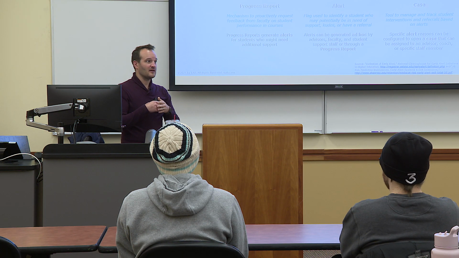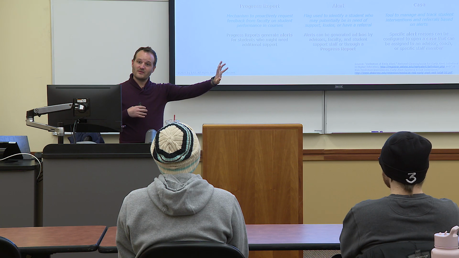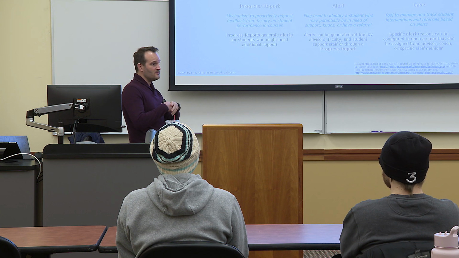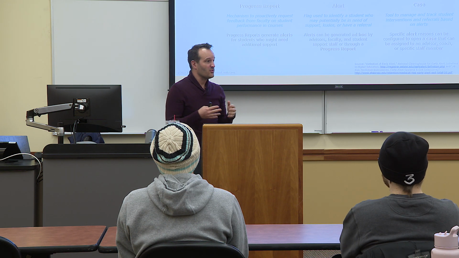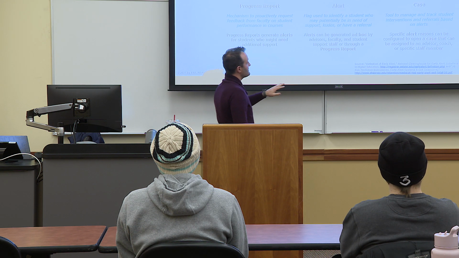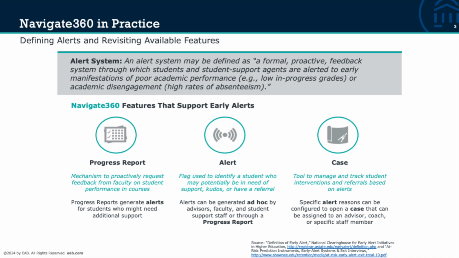And again, that could be I'm concerned about a student for whatever reason. It could also be I want to give some kudos or I want to refer them to an office or a support resource on campus. So again, thinking about those two pillars as a way to get that information out. And then lastly, are cases.